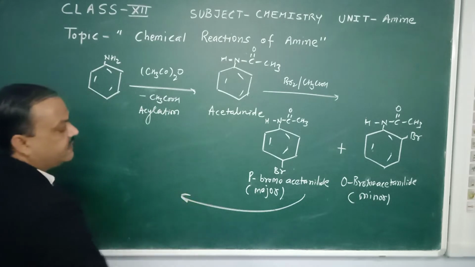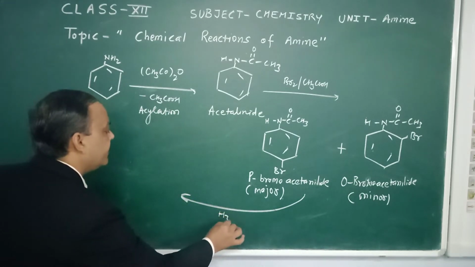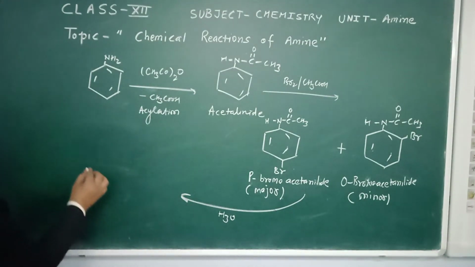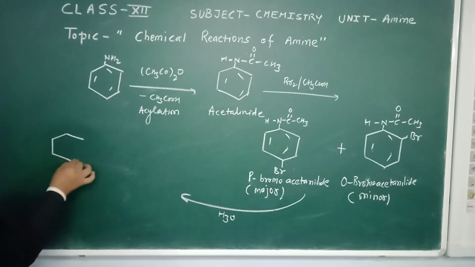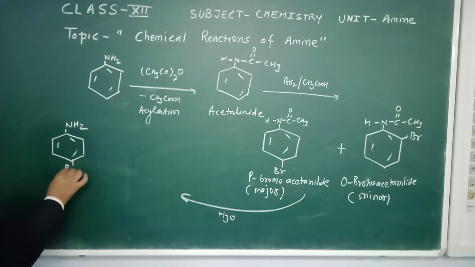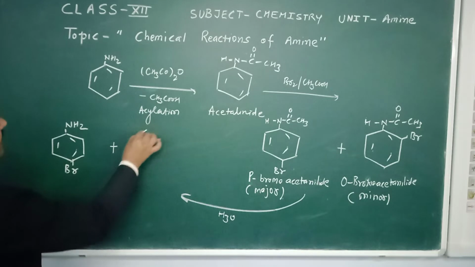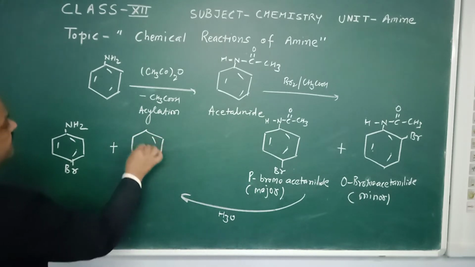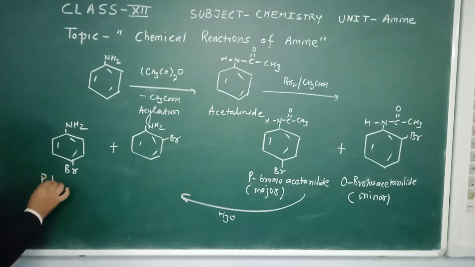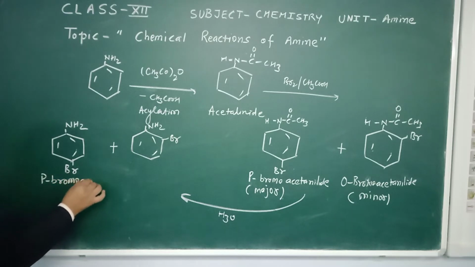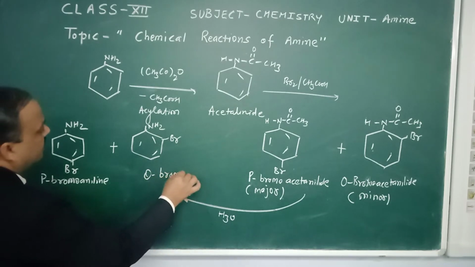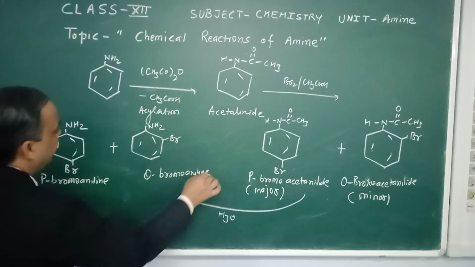When hydrolysis of both these products takes place, we get para-bromoaniline and ortho-bromoaniline.